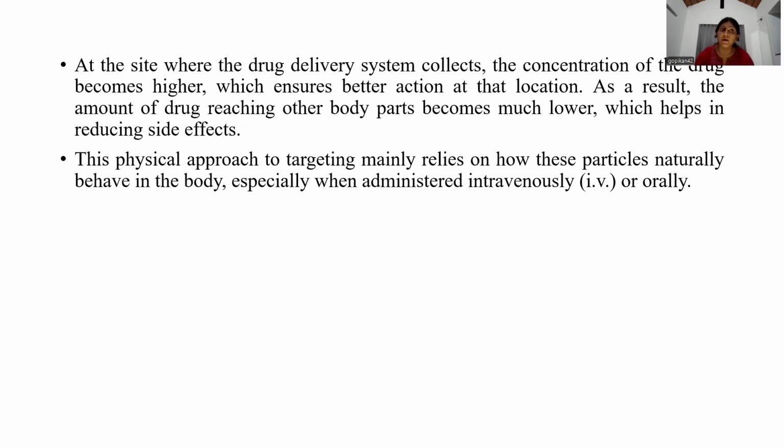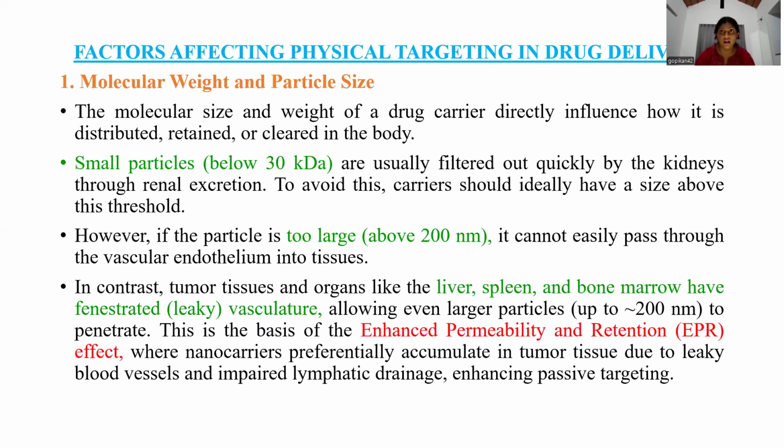As a result, the amount of drug reaching other body parts becomes much lower, which helps in reducing side effects. This physical approach to targeting mainly relies on how these particles naturally behave in the body, especially when administered intravenously or orally. We'll now discuss the various factors affecting physical targeting in drug delivery.